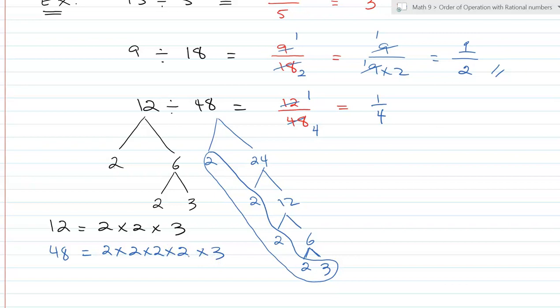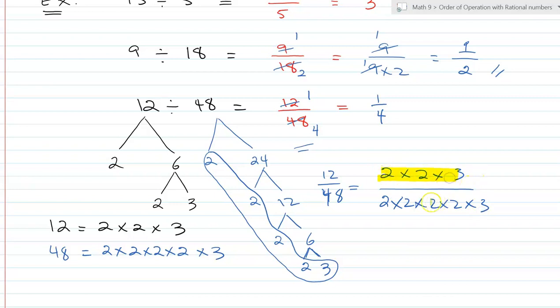Great. When you do the simplification, when you are trying to reduce this fraction, you can write 12 as 2 times 2 times 3 in the numerator. Now for the denominator, 48, same thing, we're going to write the prime factorization. Then we look at the greatest common factors showing up in both the top and the bottom, the numerator and the denominator.